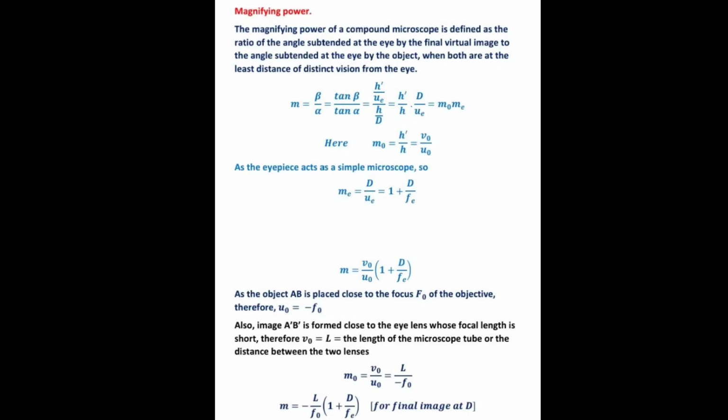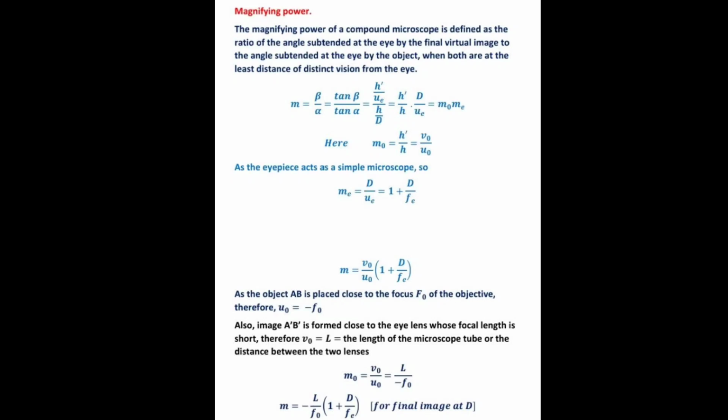As the eyepiece acts as a simple microscope, we have one relation from our previous optical device, and we use that relation, that is 1 plus d upon f, for the magnifying power. Just by putting the subscript e with m or with f, we make this relation for the eyepiece. Then we have the relation me is equal to 1 plus d upon fe.